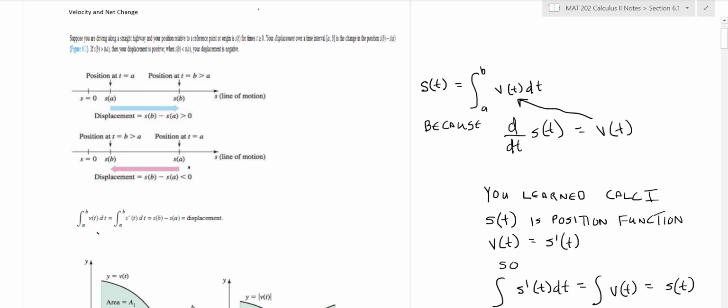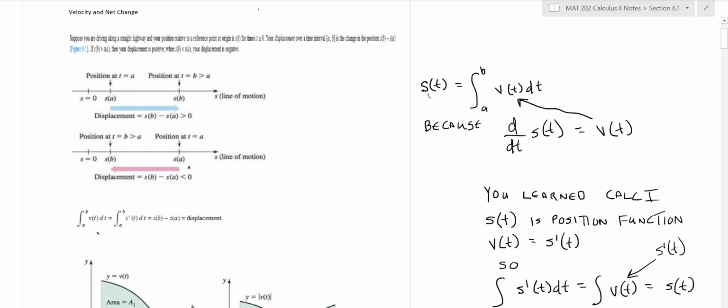Well, you differentiate and see if that takes you back to the beginning. So the answer to the integral of v(t) is s(t), and to check, you take the derivative, and that takes you back to the beginning. Make sure you understand that.